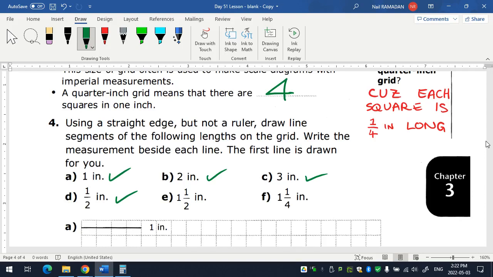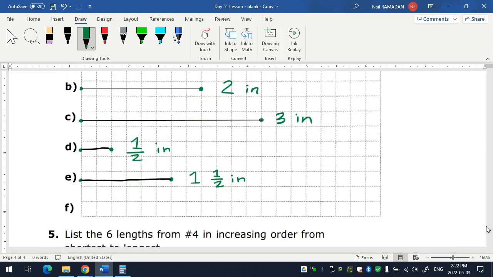Everyone, think about it. 1 inch is 4 squares, and then a fourth of an inch is really just 1 square. This is 5 squares. So from here to here, 1 and 1/4 of an inch.